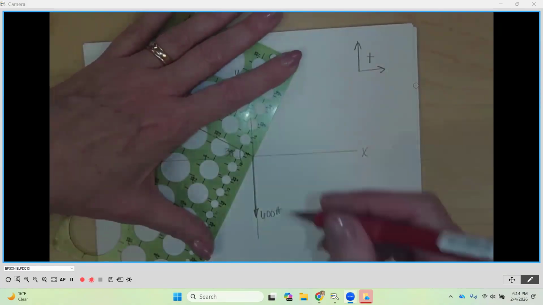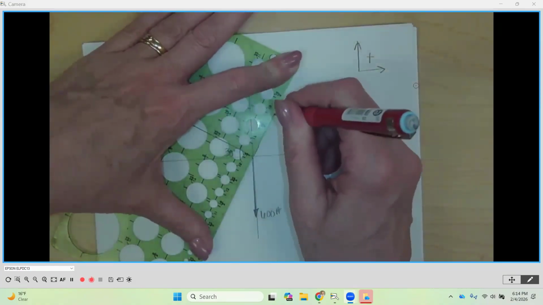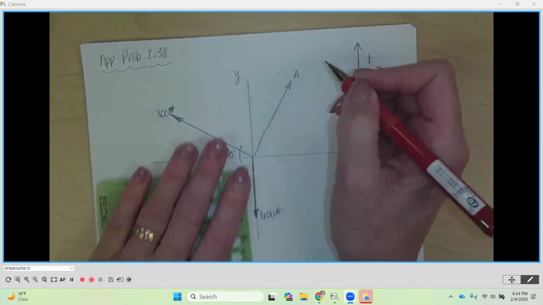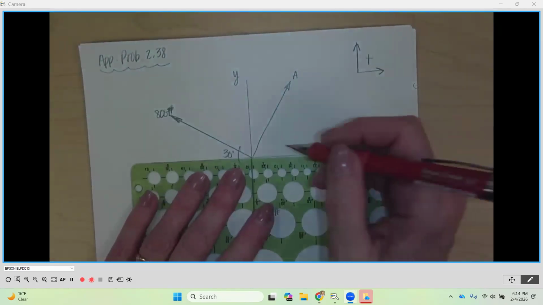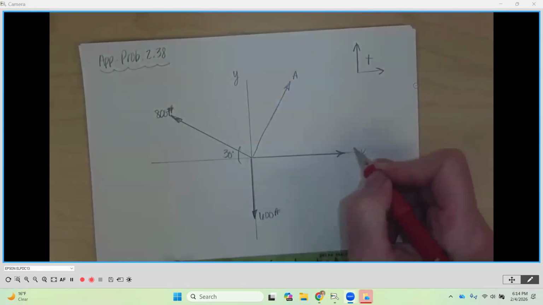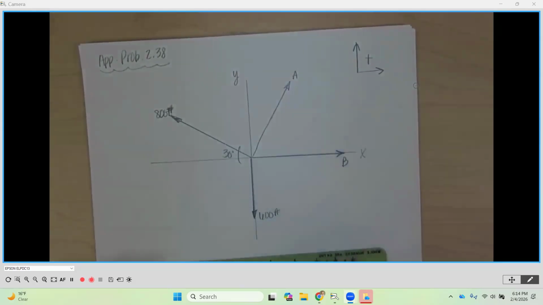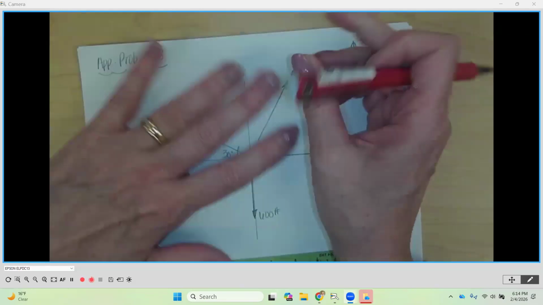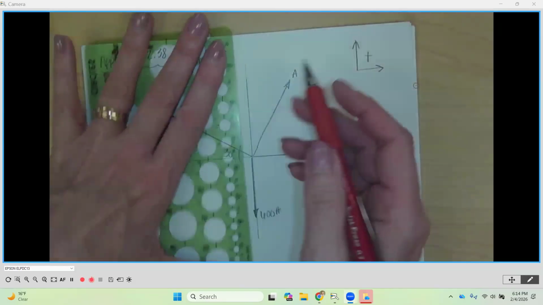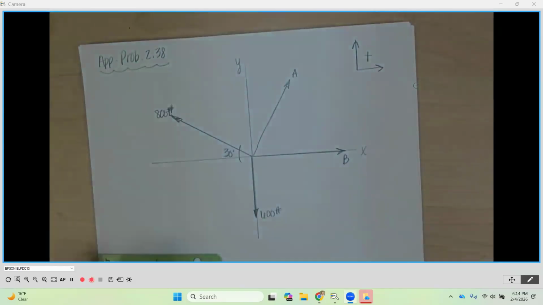And then we've got A. And we've got B, which is horizontal going to the right. There we go.